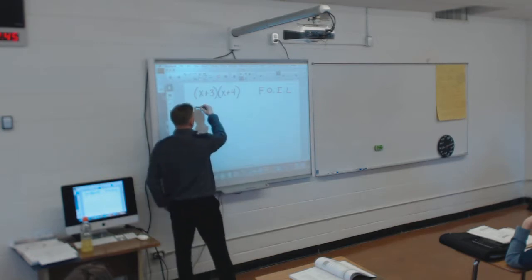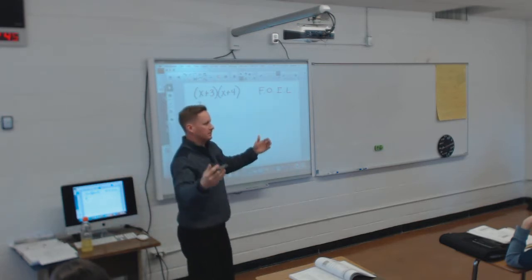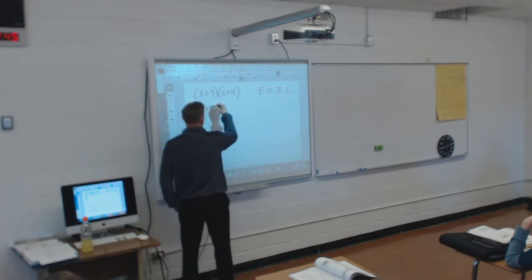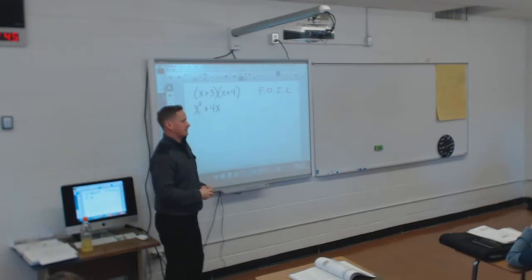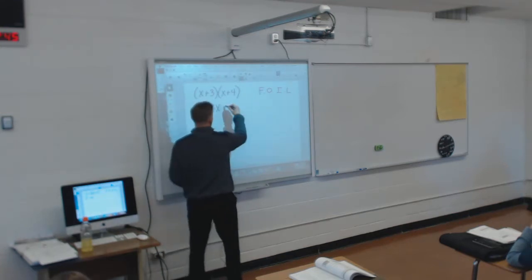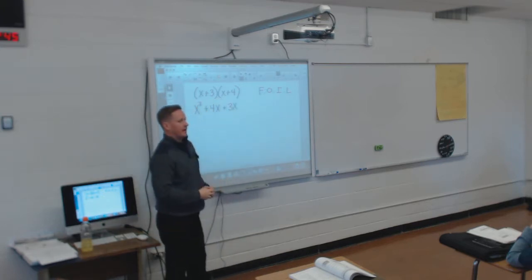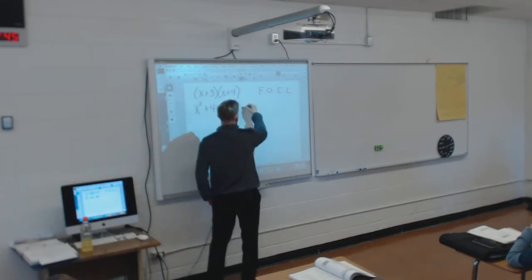X by x, which is x squared. Now the outsides of each bracket. X times 4, which is 4x. The inside of each bracket, 3 times x, 3x. And the last, 3 times 4, plus 12.